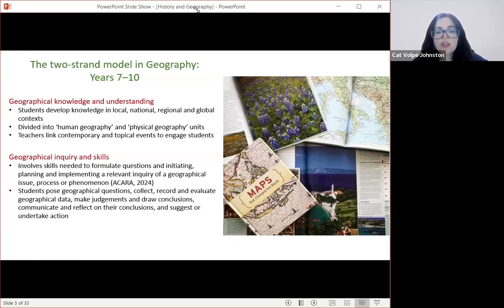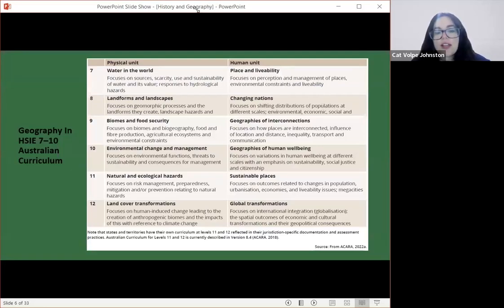We want them to collect, record, evaluate geographical data, make judgments about this data, and draw conclusions about what the data is trying to tell us, and communicate that to teachers and peers, and also reflect on these conclusions. And as students proceed through geography in high school, we ask them to consider what actions can be taken to address issues.